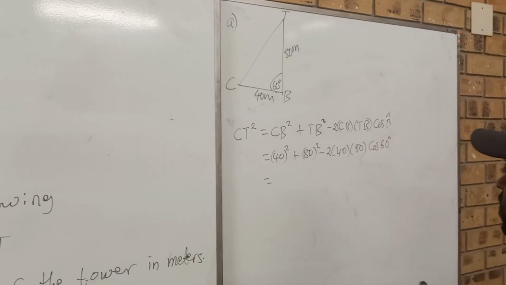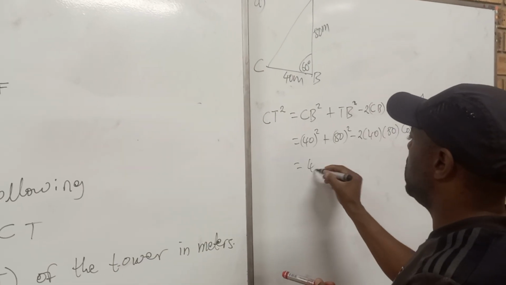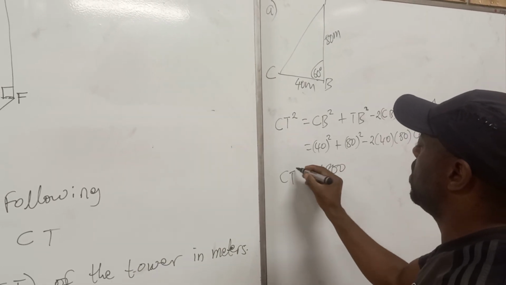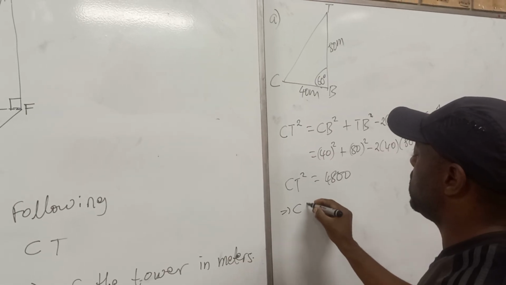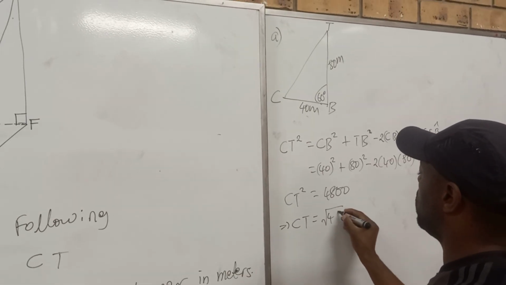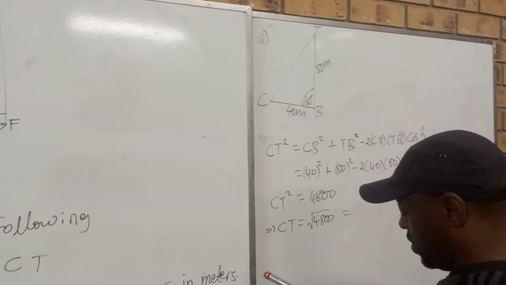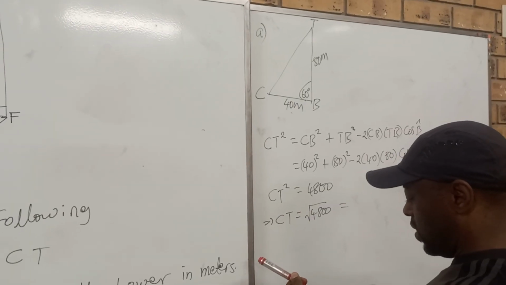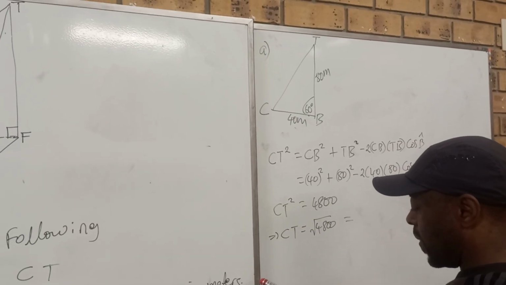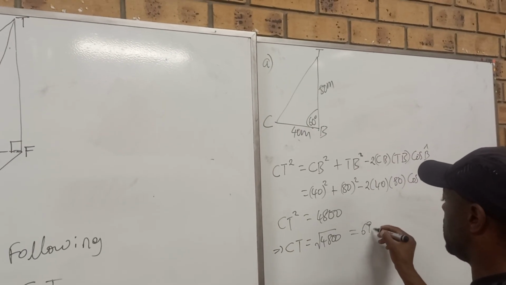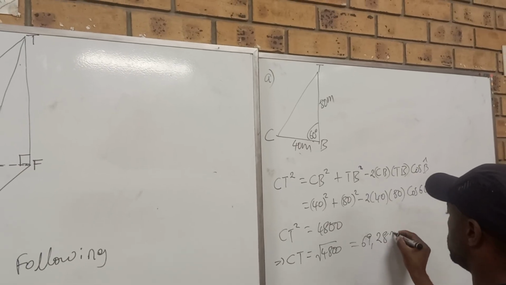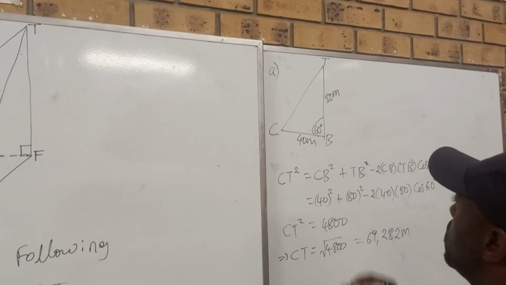So that gives me 4,800 plus CT squared. Then from there I can get CT, taking the square root of 4,800. So the square root of 4,800 gives me 69,282 meters. So that is the A part.